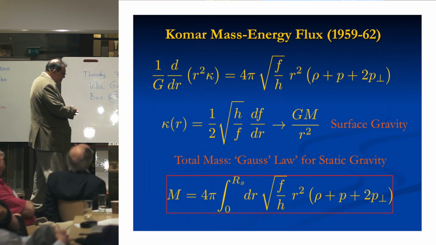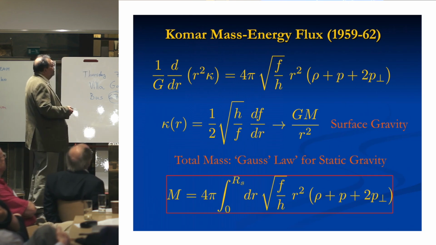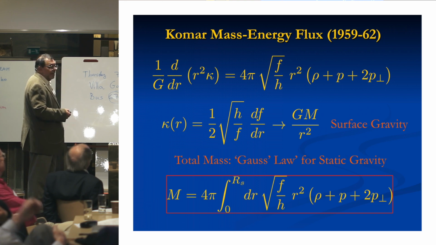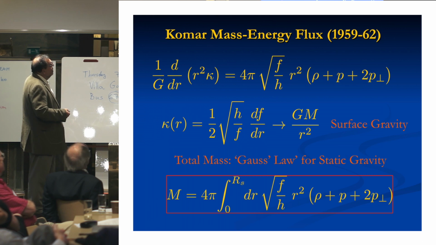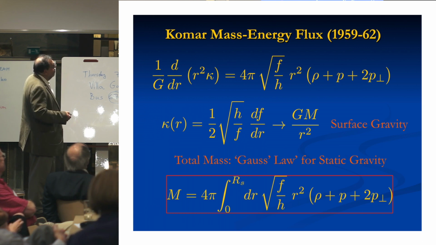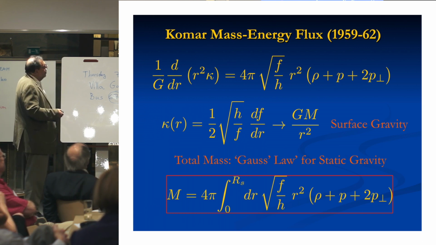And now the important thing to look at is whether or not this singularity is a reason to throw things out, or what it actually means. Well, for that, you look at the Komar mass-energy flux, which is basically the analog of Gauss's law for a static geometry.